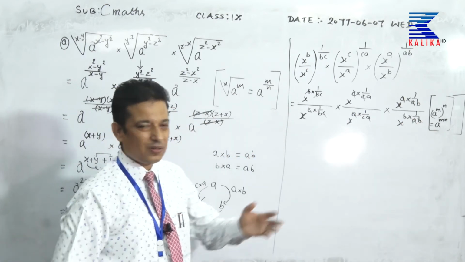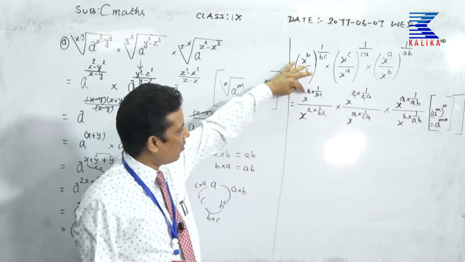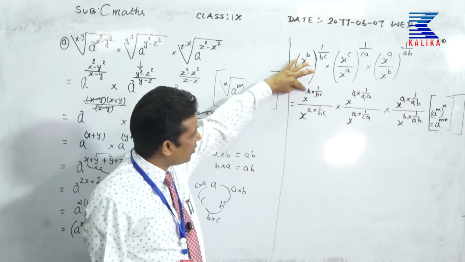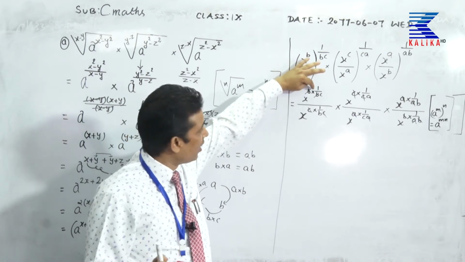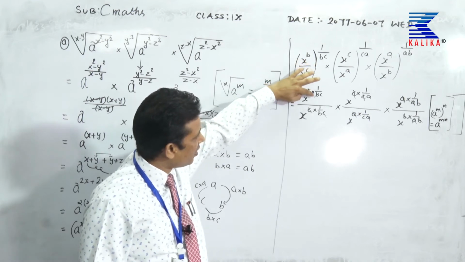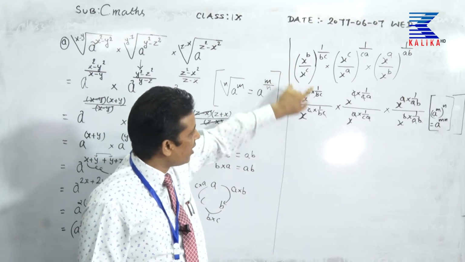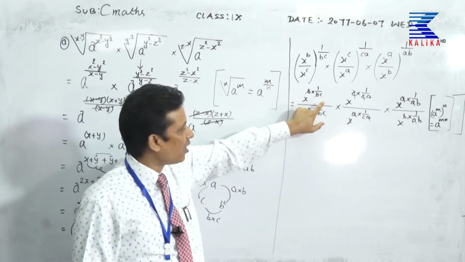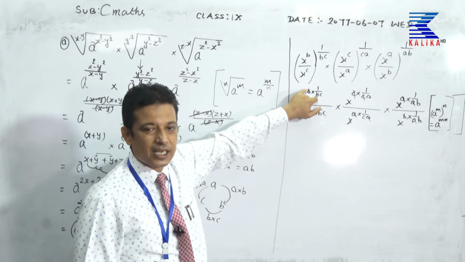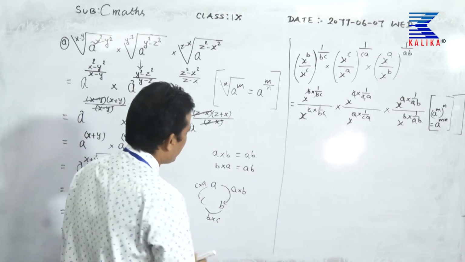You know, since junior classes you have been learning this sort of problem. This b means b upon 1, and it means b upon 1 into 1 upon bc. So, numerator and denominator, we are cutting here b and b, it means here one b is dividing the other.